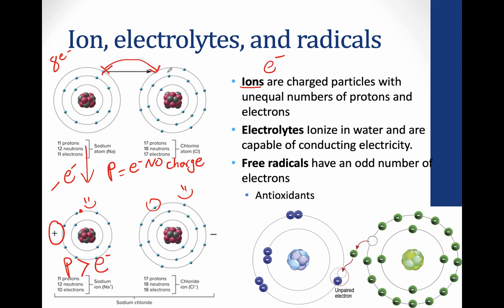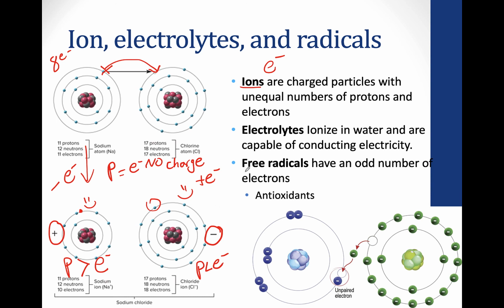And if I gain an electron, right, I get a new electron, I'm going to end up with a negative charge, because now I have fewer protons than electrons. So this would be a positive ion, and then over here this chlorine would be a negative ion.